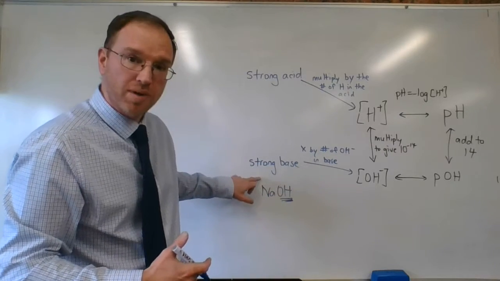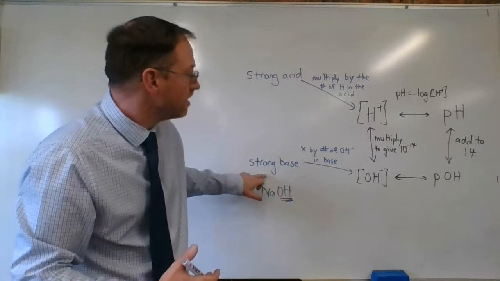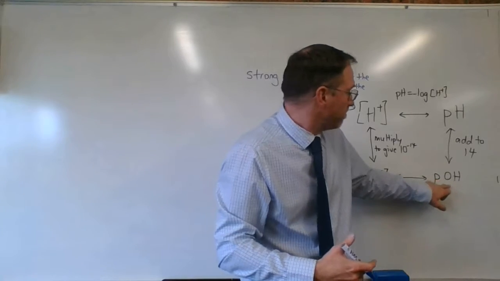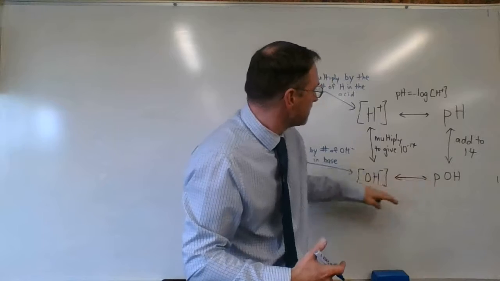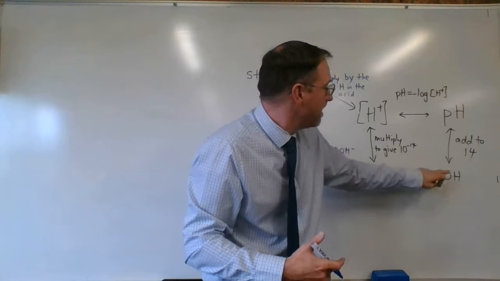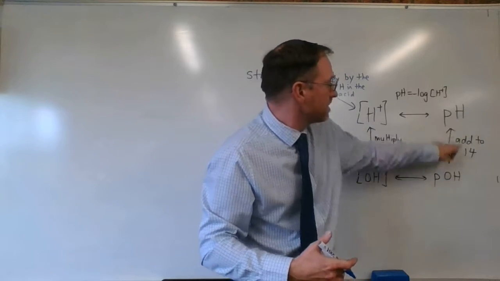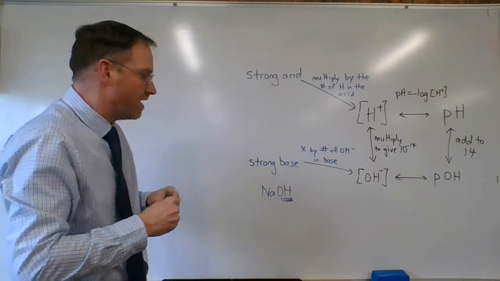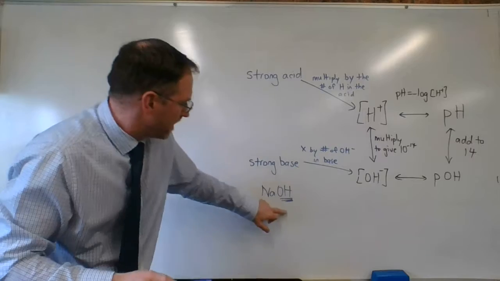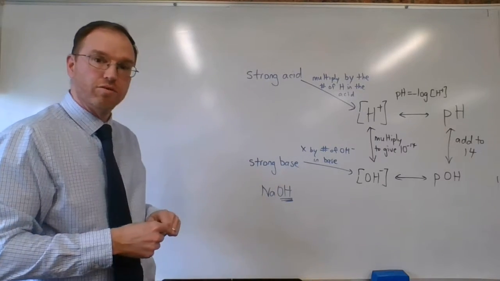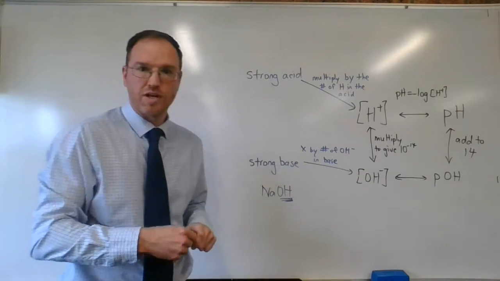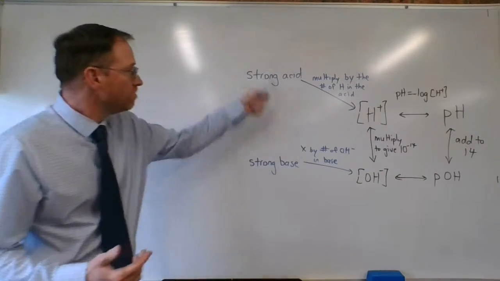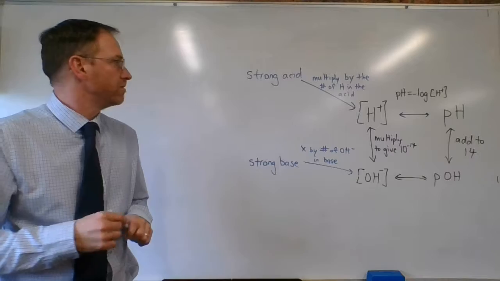So if I'm given a strong base, like sodium hydroxide, my hydroxide concentration is exactly the same. I can then work out pOH using my standard formula. It's exactly the same as that one. And then I could work out pH because these two add to 14. So it's very easy to work out the pH of a strong base. And again, if it had two hydroxide ions in the formula, I'd need to double it to get my concentration of hydroxide ions. So a strong base, almost exactly the same, very simple.